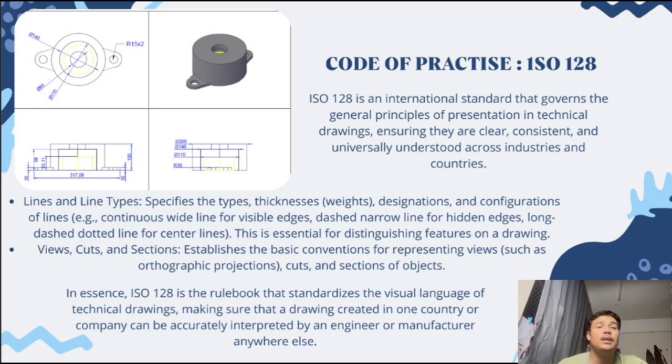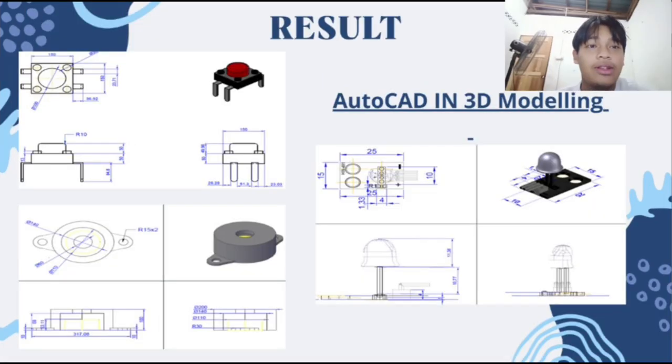In summary, ISO 128 acts as a rule book for technical drawing. It standardizes the visual language of engineering design so that a drawing created in one country can be easily understood everywhere in the world.